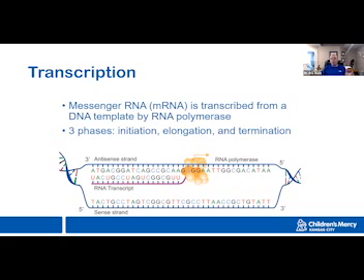And so in order for us to make that product, there is a process that we have to go through. You can look at this even a little like an assembly line. In order to make a gene product, you have to have an RNA made from the DNA.